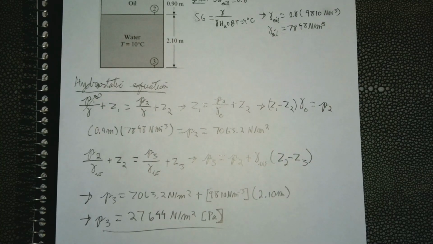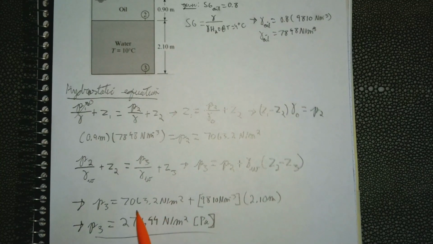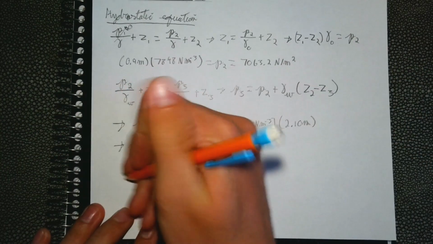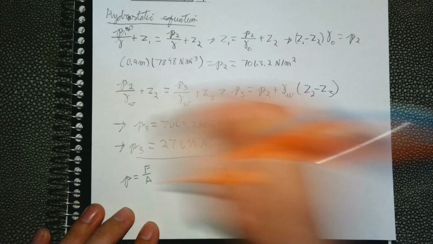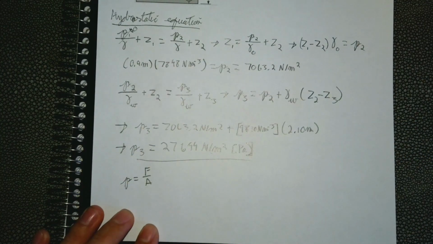If we think about this a little bit more, this makes a lot of sense, right? Because I think we've talked about in other videos that pressure is equal to a force over area. And in this case, the only force is weight.